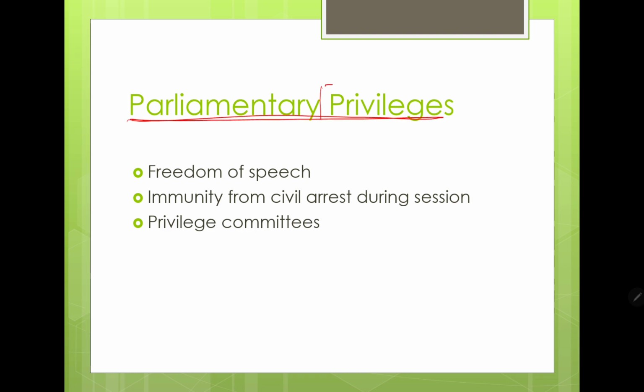Next are the parliamentary privileges. What do we mean by privileges? Privileges are rights we get. Members of parliament get some privileges, some freedoms. The first one is freedom of speech. Whatever they say inside the parliament as a member of parliament will not be considered a fault or criminalized.